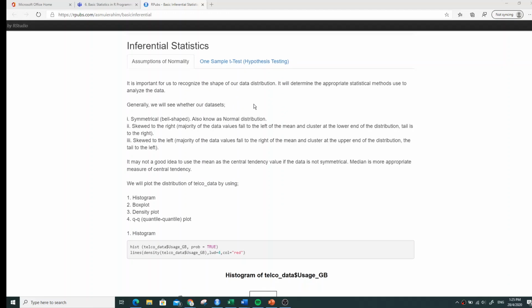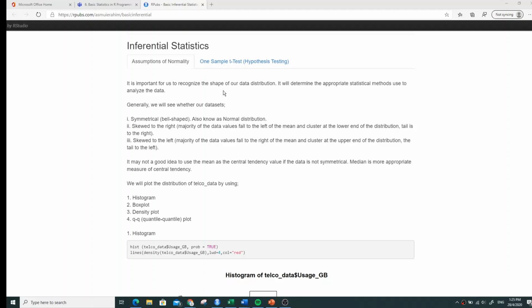Why we need to look at the assumption of normality. The assumption of normality is actually divided into two, which are the data, or the residual, the error itself. But for this discussion, I only limit the discussion to the assumption of normality towards the data.